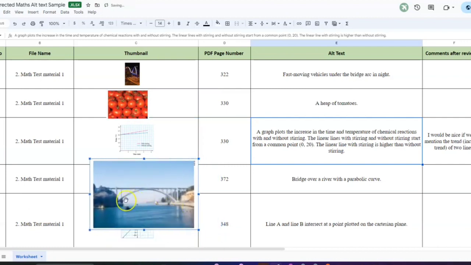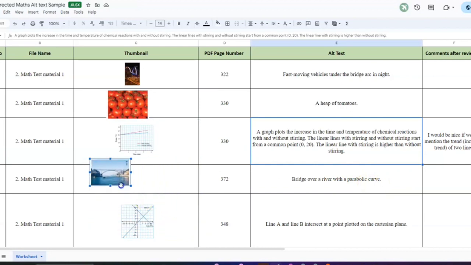Now this one: here is a bridge over a river with a parabolic curve. Now remember something: you must know, if you are working on science or mathematics or whatever subject, you must understand the basic information regarding it. If you are from mathematics, you must understand the basic information regarding math.